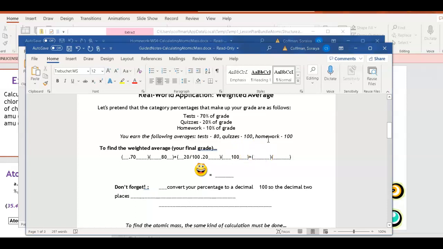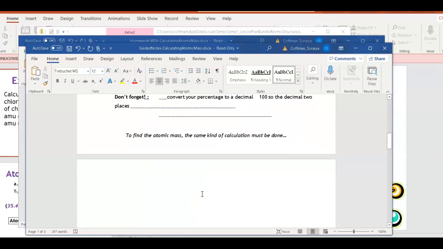And then this would be 0.1 times 100. And if I were to put that into my calculator, make sure you press equal. I would get a regular calculator, not your phone. And you have to just make sure you press plus or press equal, and then do the next calculations, and the next calculations. And you should end up with 86. Okay?